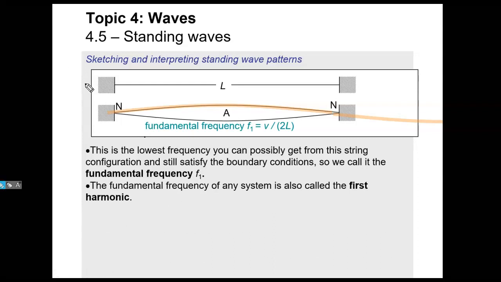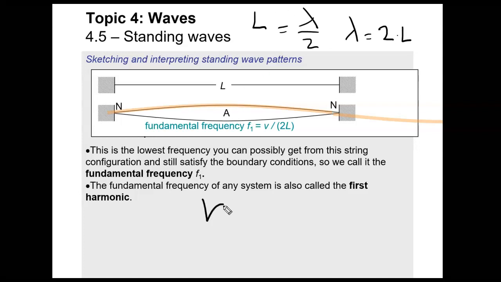Well, basically, based on the boundary conditions and based on this picture, you can see that the length of the string, which is L, is half of a wavelength, which means that the wavelength has to be equal to 2 times L. It's just rearranging that equation.